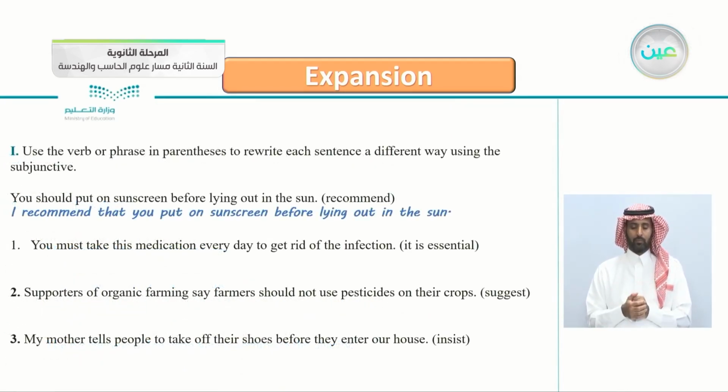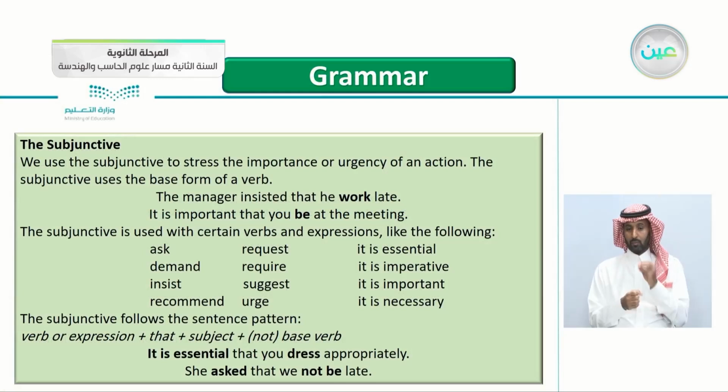Use the verb or phrase in the parenthesis to rewrite each sentence a different way using the subjunctive. But before we indulge in this exercise, let's have a peek at the subjunctive.